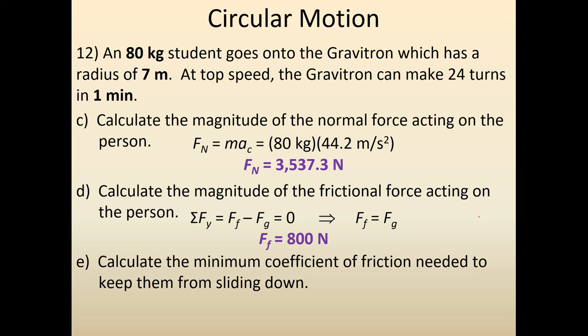With these two answers, I can now find the minimum coefficient by doing Ff less than or equal to mu Fn. Plug my numbers in, and I end up getting that the coefficient would have to be greater than 0.23, which honestly isn't too tough. If you recall in the previous problems, about 0.2 for a coefficient is the equivalent slipperiness of rubber on ice.